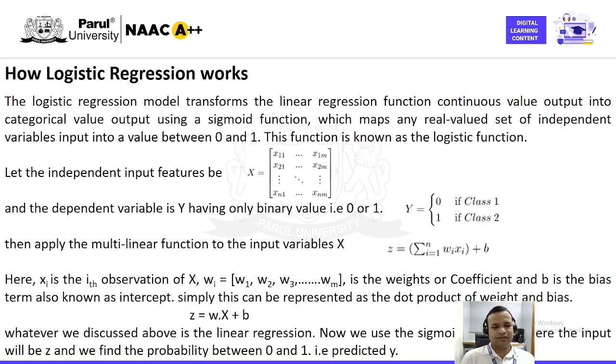Simply, this can be represented as the dot product of weight and input plus bias. So z equals w dot x plus b.